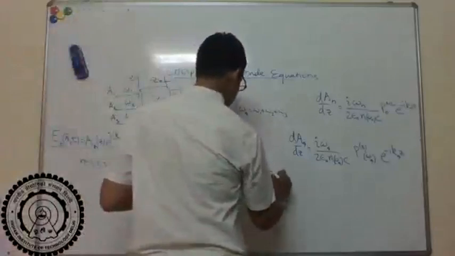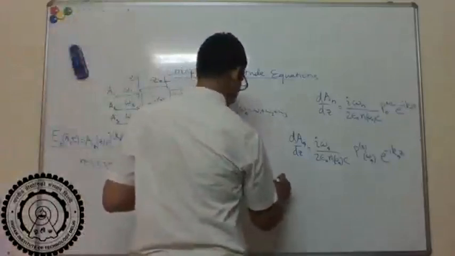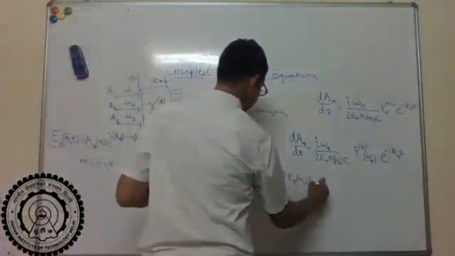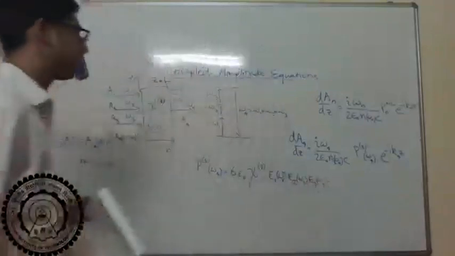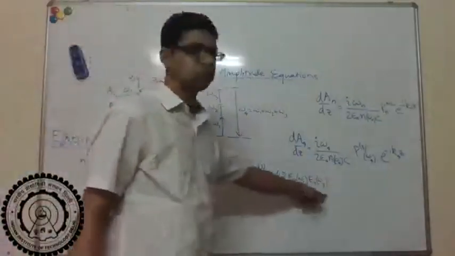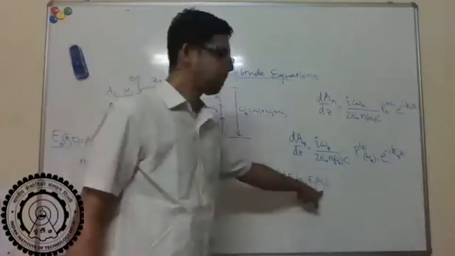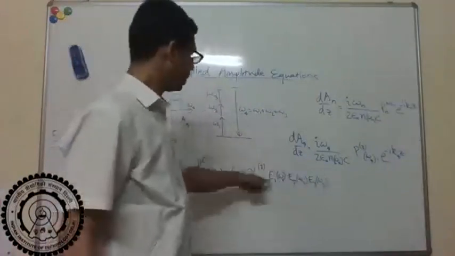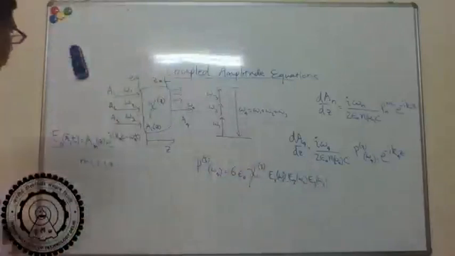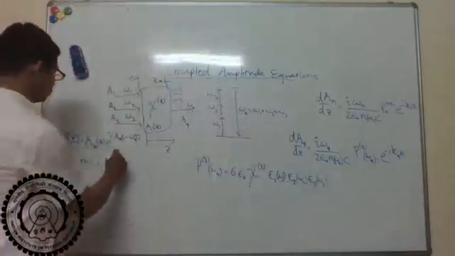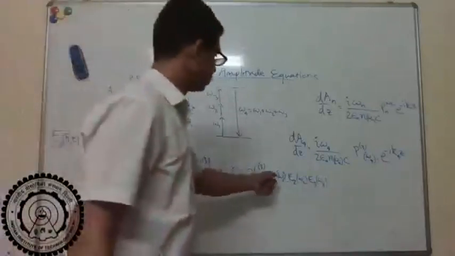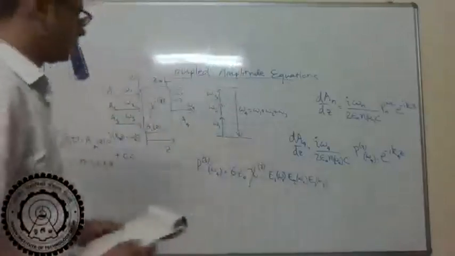And this will be times E1 at omega1, E2 at omega2, and E3 at omega3. I hope this is clear. So omega4 is omega1 plus omega2 plus omega3, which I get by multiplying the corresponding electric fields.